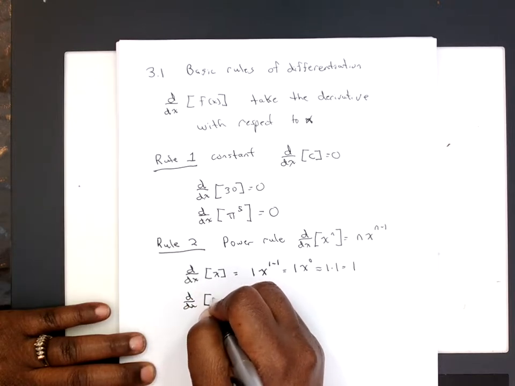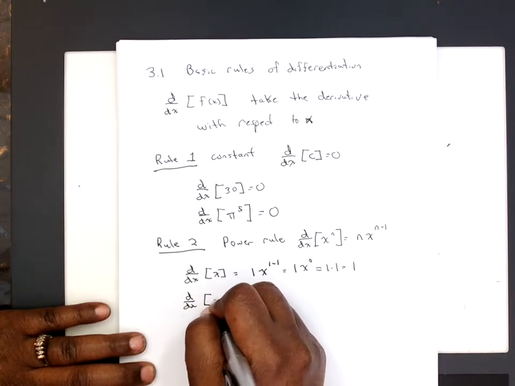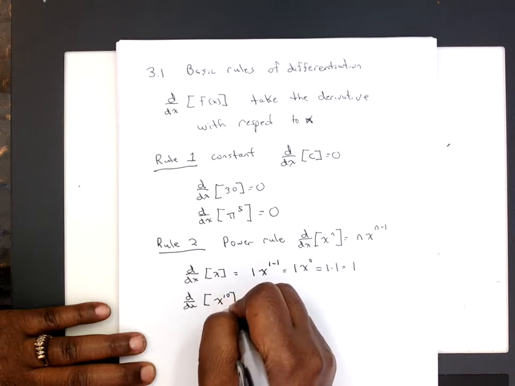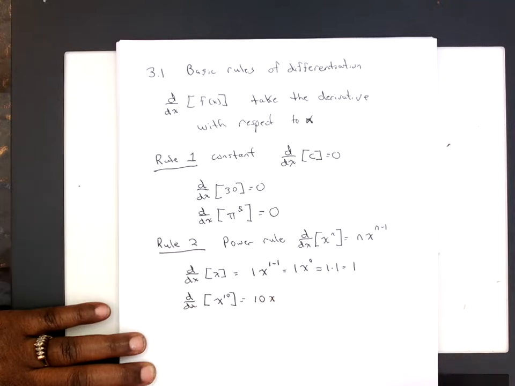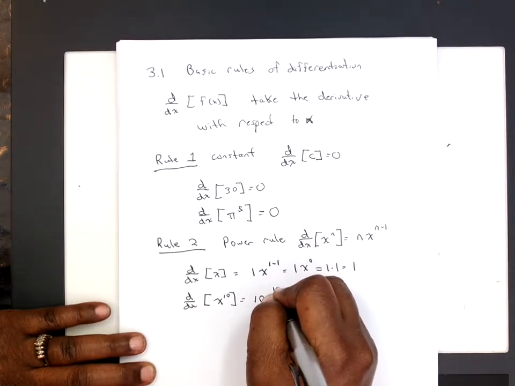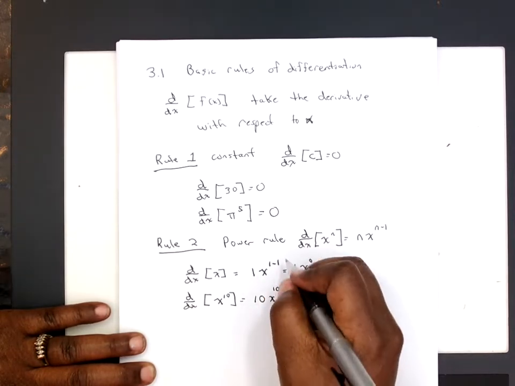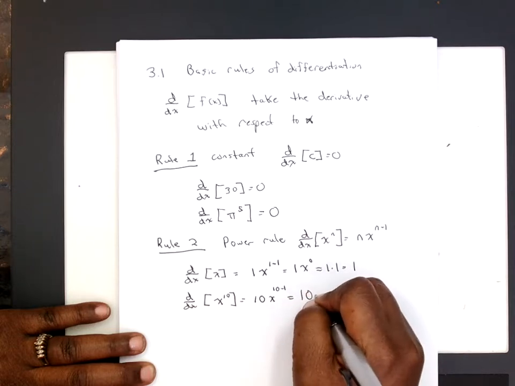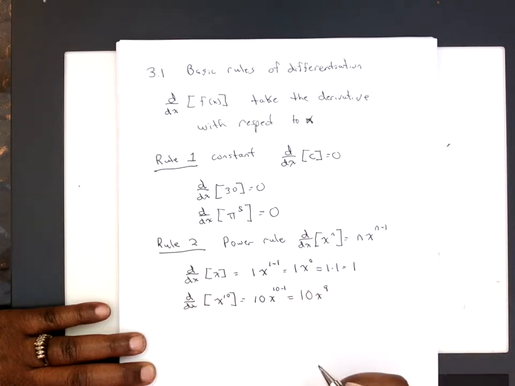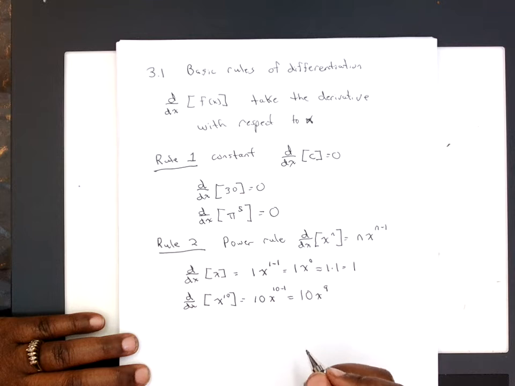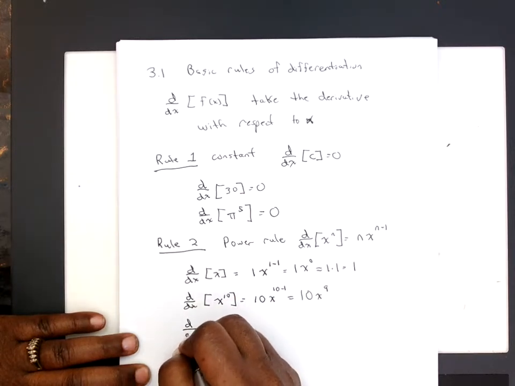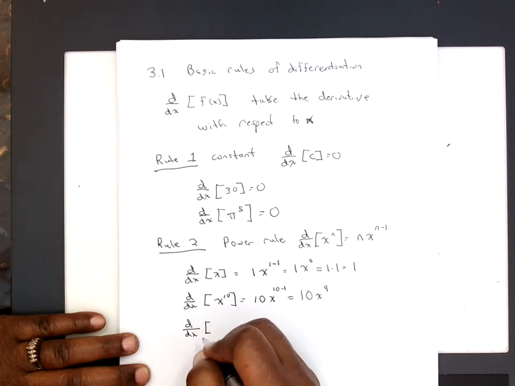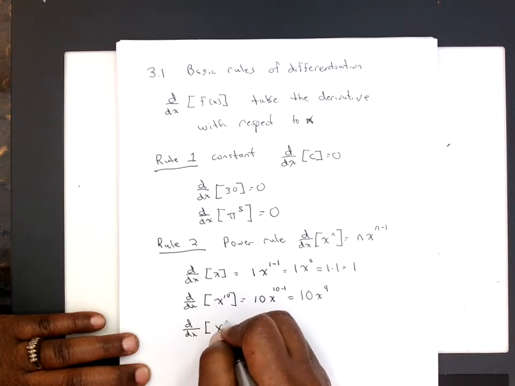My next example, I have d dx of x to the 10th power. So again, that 10 gets multiplied out front, and then I subtract 1 from the exponent. So I get 10x to the 9th power. I have d dx of x to the 1/2.